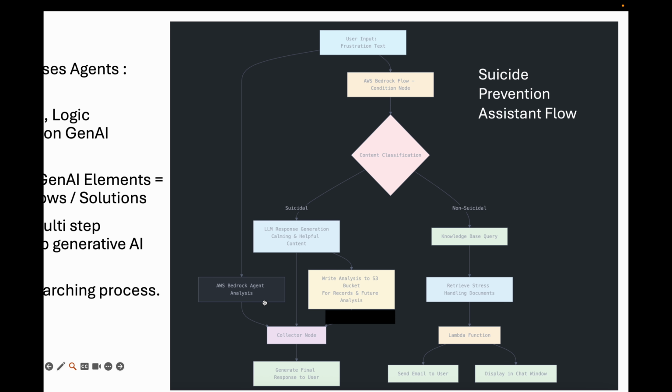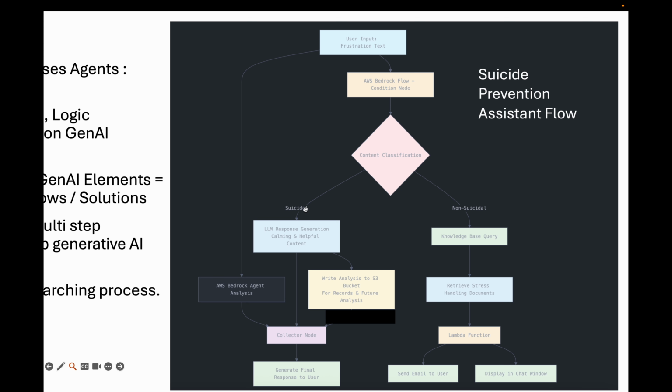This Bedrock agent only works if a user is suicidal, else it will do nothing, right? So coming back to our conditional, in this conditional step, we will check if a user's rant, or a user's comments, or a user's conversation is suicidal or non-suicidal.